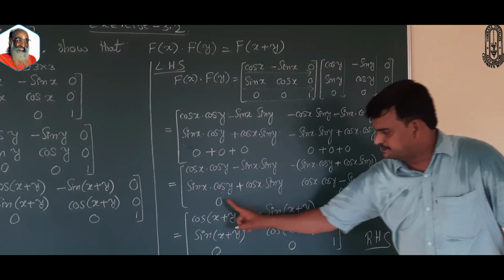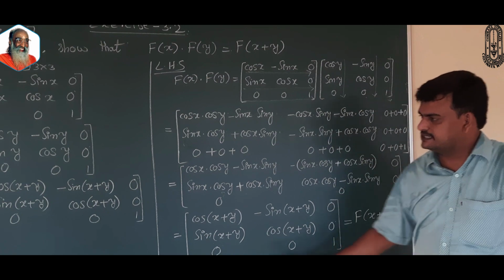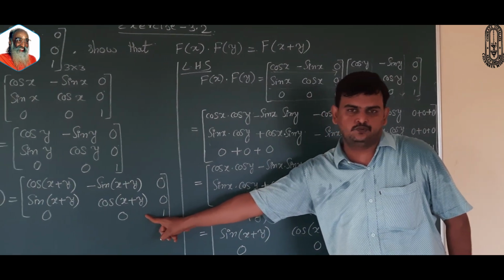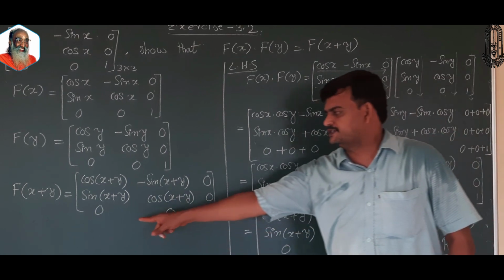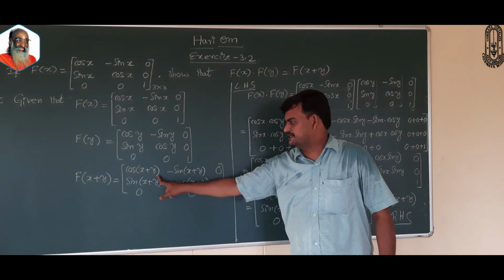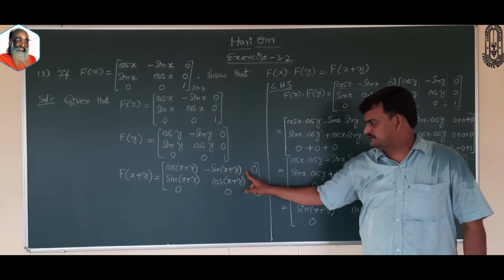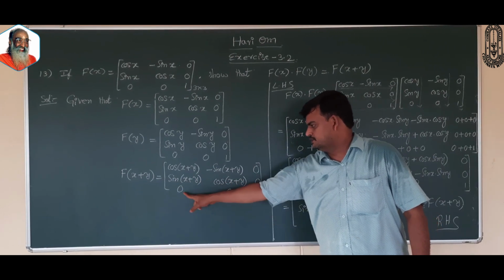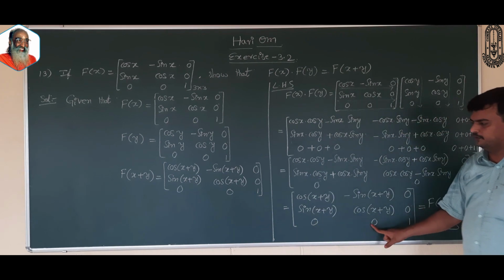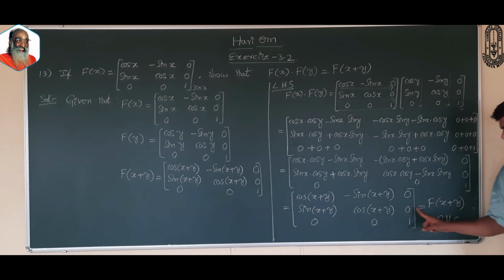Finally, when we observe this matrix, it is equal to f of x plus y. Here we have f of x plus y: cos x plus y, minus sin x plus y, 0, sin x plus y, cos x plus y, 0, 0, 0, 1. Here we got the same answer, that is equal to f of x plus y.